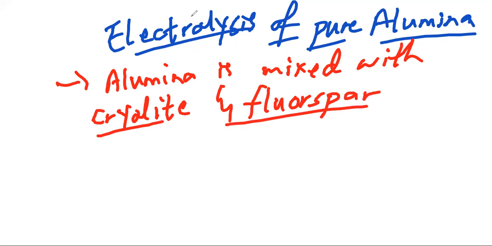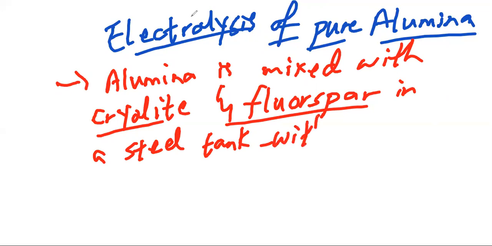These are the two things which are mixed with the alumina in a steel tank with a graphite lining. It's not important, just for the information. I'm writing this lining.